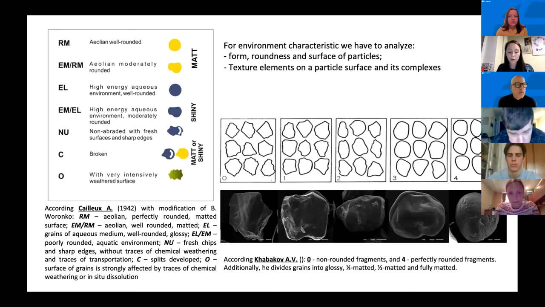Macromorphological study of the particle surface has several aspects. First, it is the study of the shape and roundness of the particles. Roundness is the degree of smoothness of the shape of a particle during transportation and redeposition. It shows the conditions, range, and duration of the transfer.